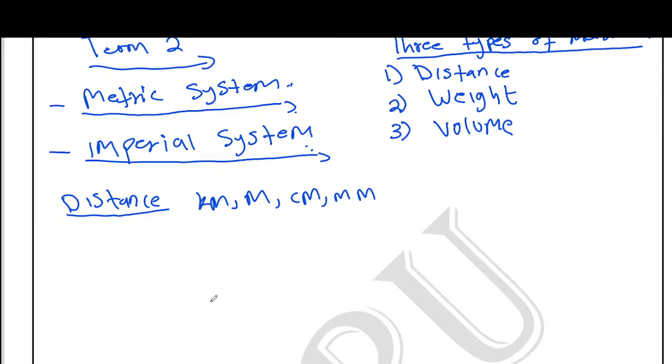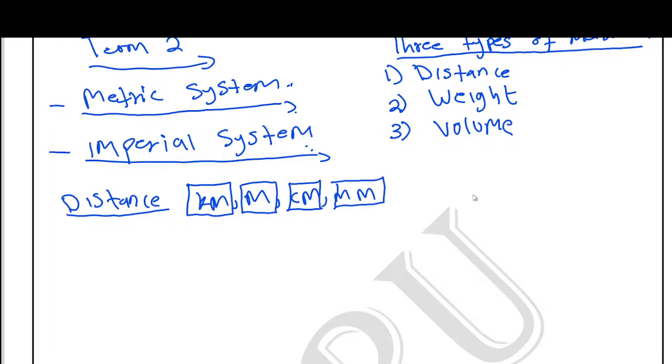Okay, right. So there's something that I want to show you here. If you look at the distance, everything here has m. We talk about kilometers, meters, centimeters, and millimeters.